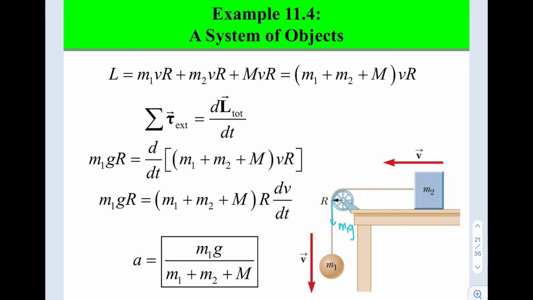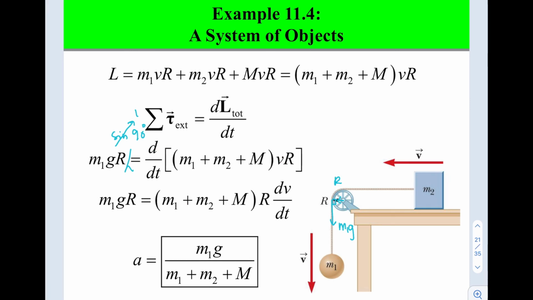Here is the axis of rotation, the weight, and here is the r, and it is perpendicular. So we have m1 g r sine 90, which gives us 1, equivalent to dL total. Our L total is m1 plus m2 plus capital M, times vr.